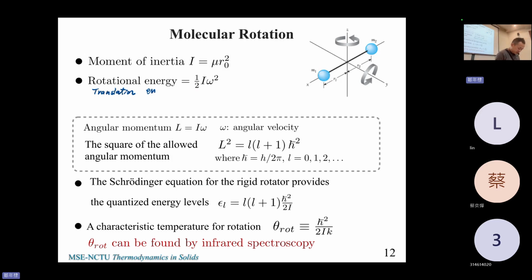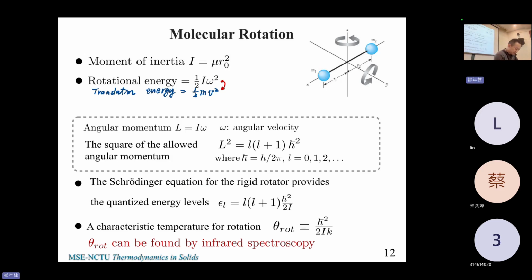Translation energy equals half mv squared, right? So do you think this is really similar? When I say they have the same logic, right?